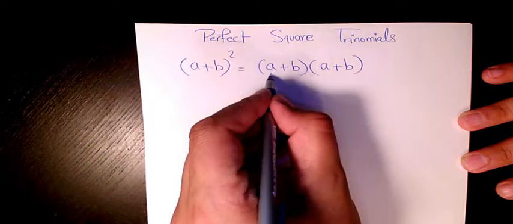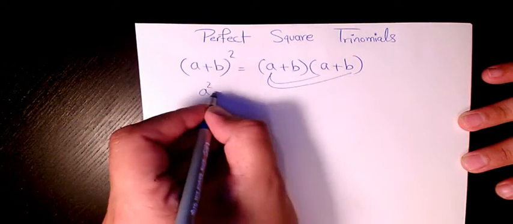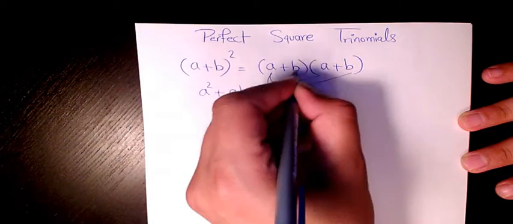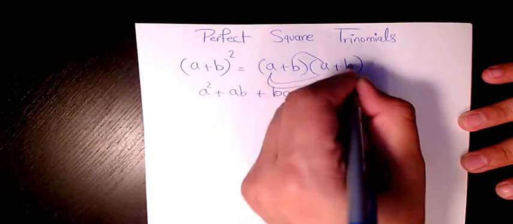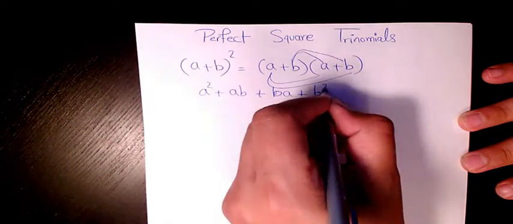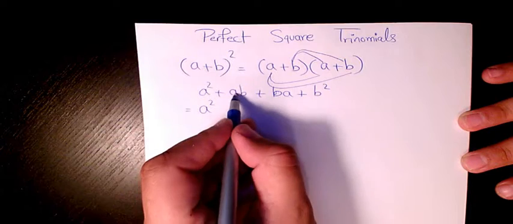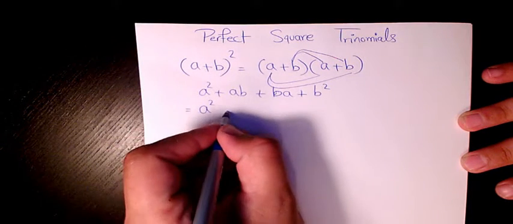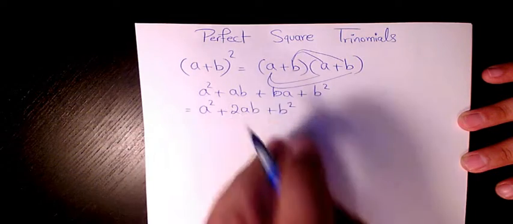Then if you FOIL it, a times a is a squared, a times b is ab, b times a is ba, and b times b is b squared. To simplify, ab and ba are the same, so it's a squared plus 2ab plus b squared.